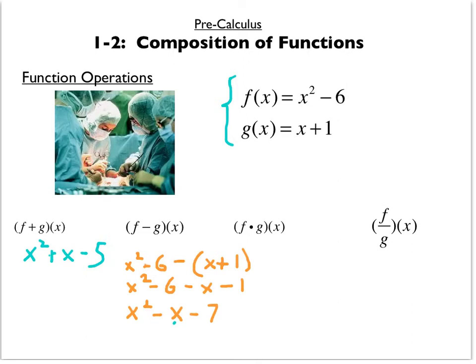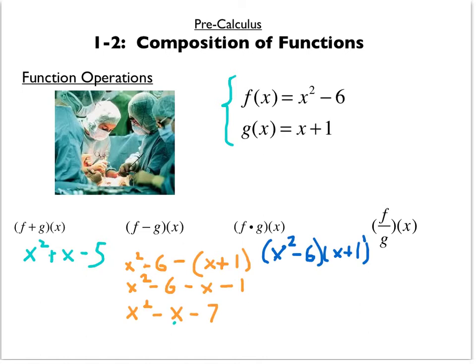Now, the next one we're going to take a look at is multiplication. That's this one here. As you might expect, I'm going to use kind of a FOIL method here. So I have x squared minus 6 times x plus 1. I'm just going to use the FOIL method, or the double distributive property is what I like to think of that as sometimes.